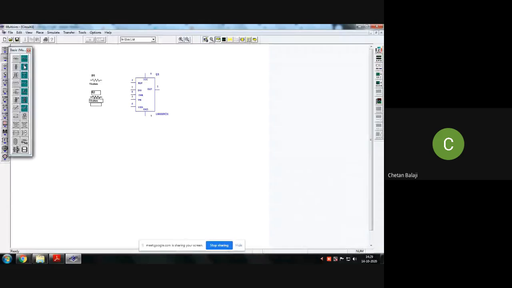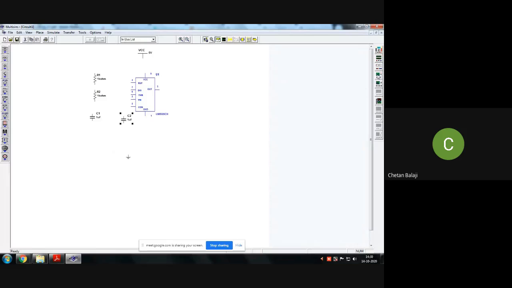Left click, rotate 90 degrees clockwise, everything with 90 degrees clockwise. You also need one power supply, so take one VCC and one ground, and you can place the CRO here.